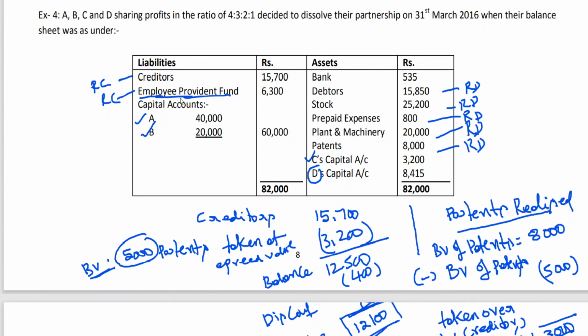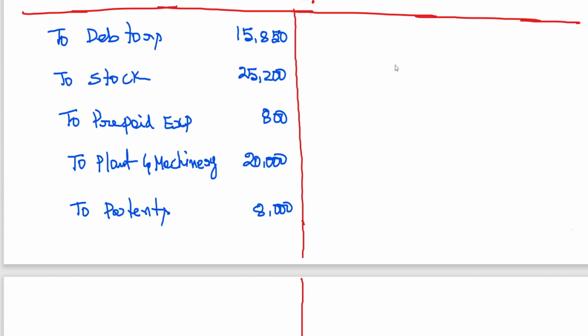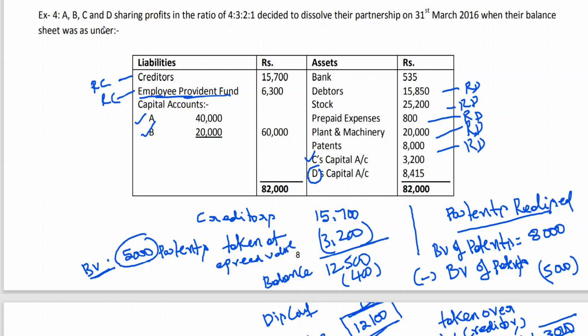Next, Kratos 15,700. By employee provident fund 6,300.